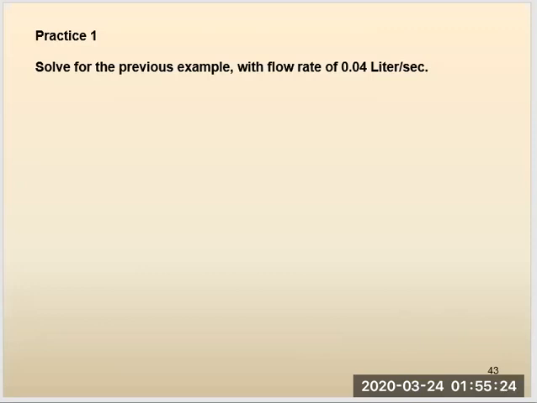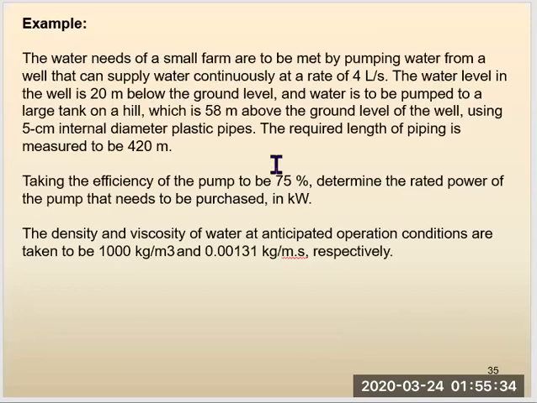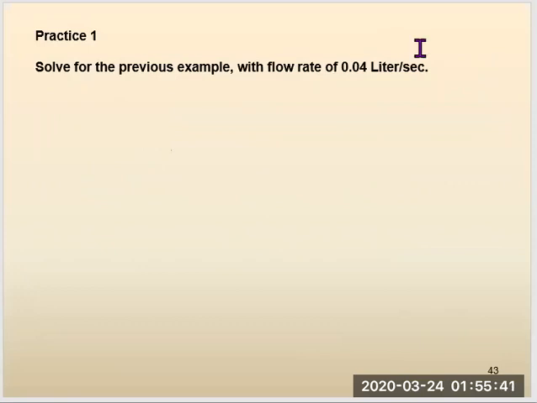You need to follow a similar procedure and see what value you get for the pumping power, with the same efficiency and all the variables, so the same problem statement. The only difference here is that instead of 4 liters per second, your volumetric flow rate is 0.04 liter per second.